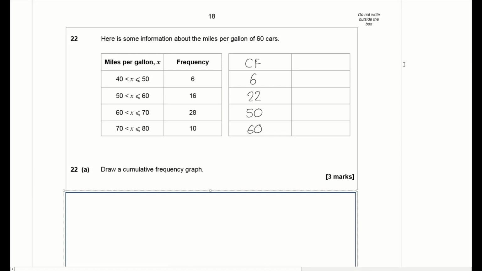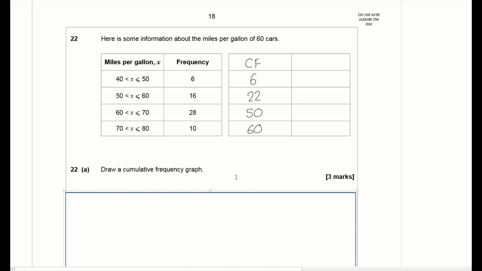Question 22. Here is some information about the miles per gallon of 60 cars. Okay, so you've got the miles per gallon X and the frequency, and we need for part A to draw a cumulative frequency graph.